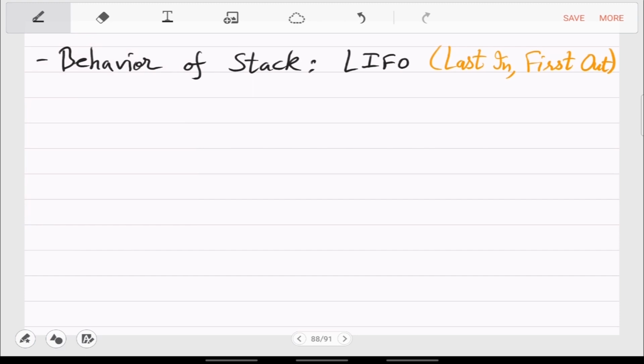LIFO is last in, first out, which means whatever comes last at the top, which was pushed last, when you pop, you will see it first, right? A more natural strategy would be FIFO, right? First in, first out. So that is called a queue.